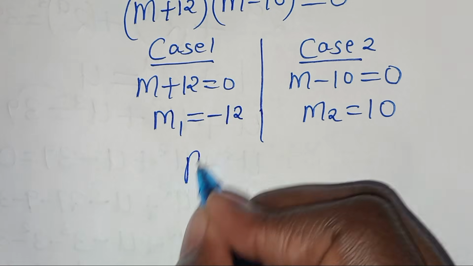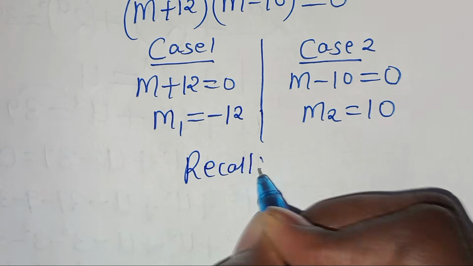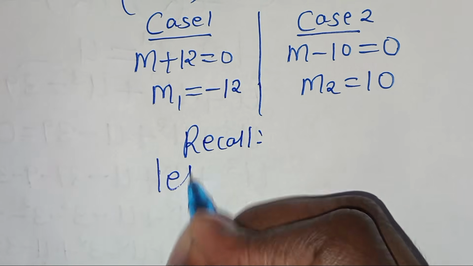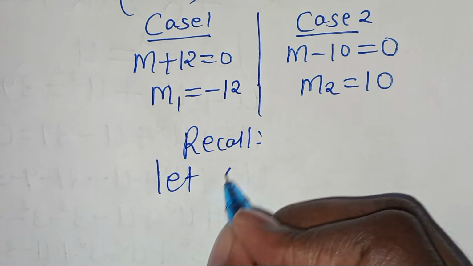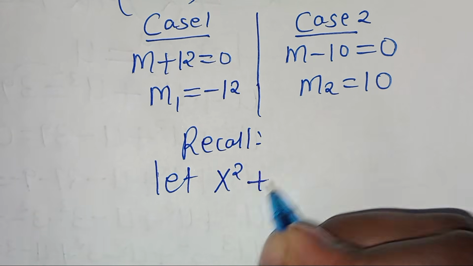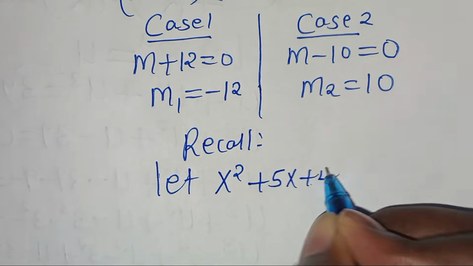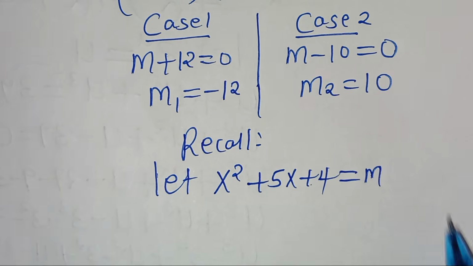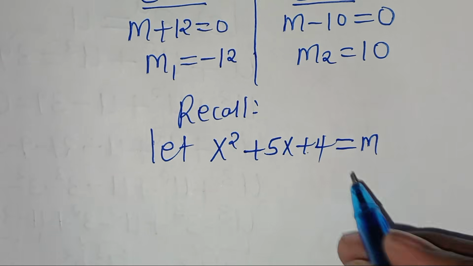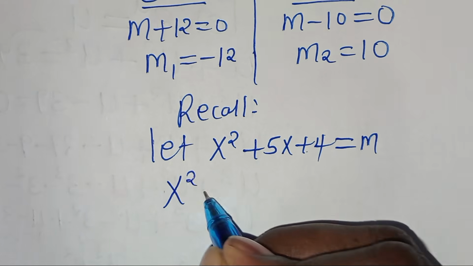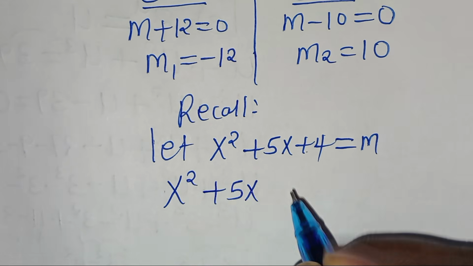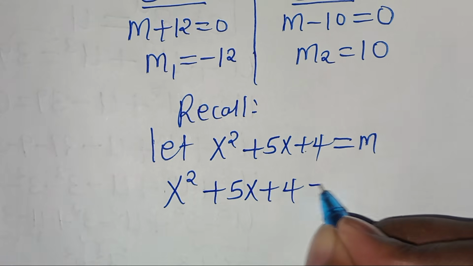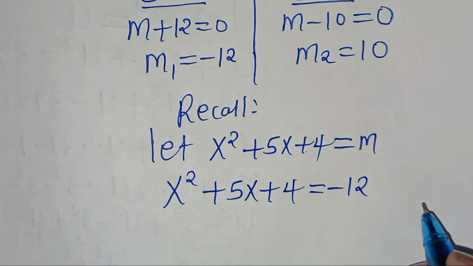Now, if you recall, we let x squared plus 5x plus 4 be equal to m. So let's substitute m1, so that we have x squared plus 5x plus 4 equal to negative 12.